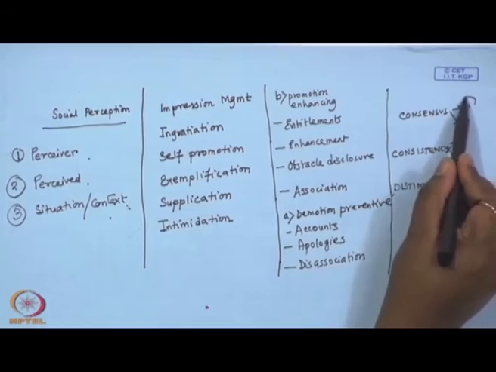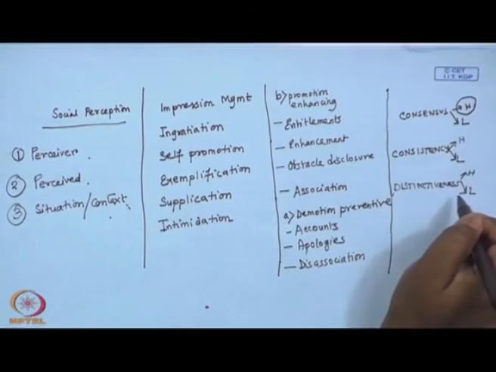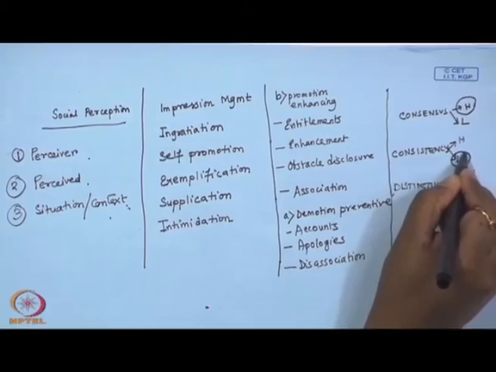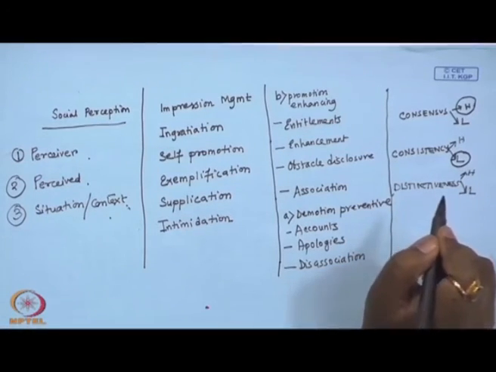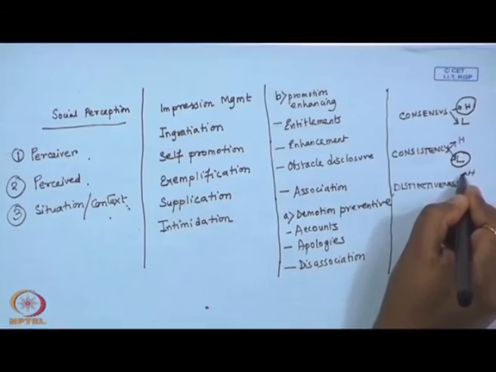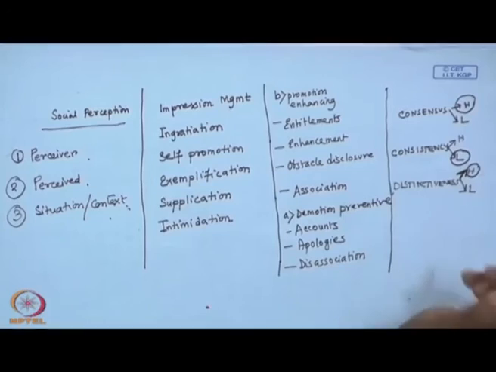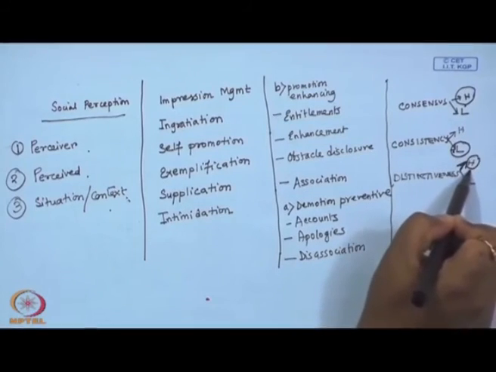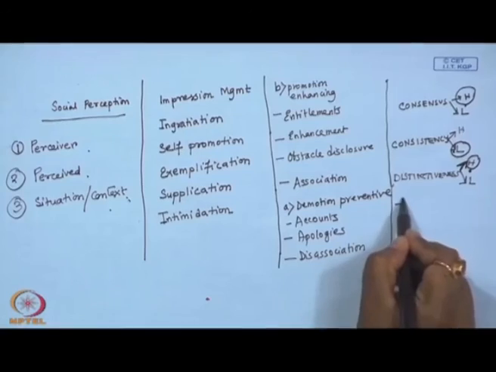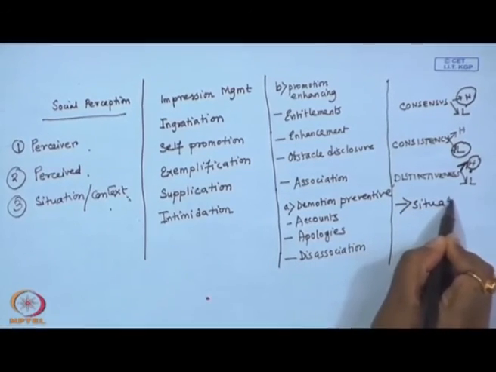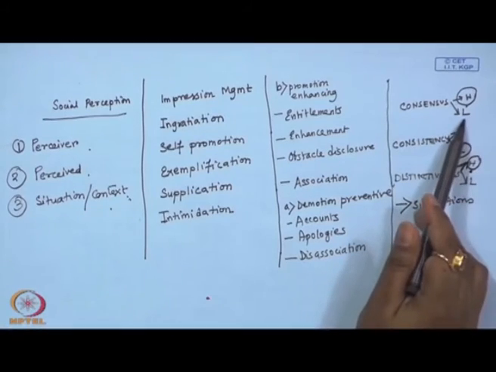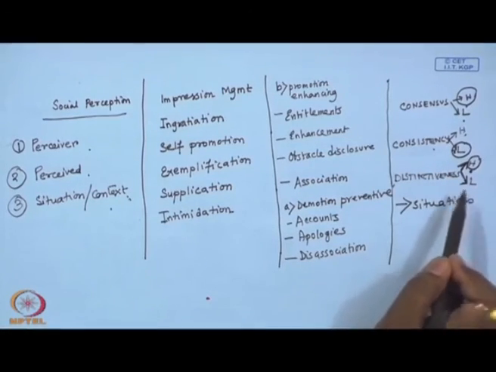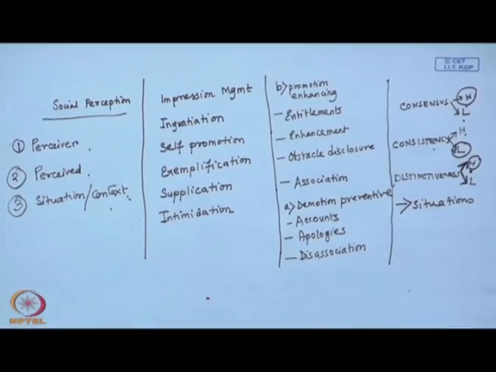If consensus is high, consistency is low, and distinctiveness is high, we attribute the cause to the situation. But if consensus is low, consistency is high, and distinctiveness is low, we say it belongs to the individual's dispositional attributes.